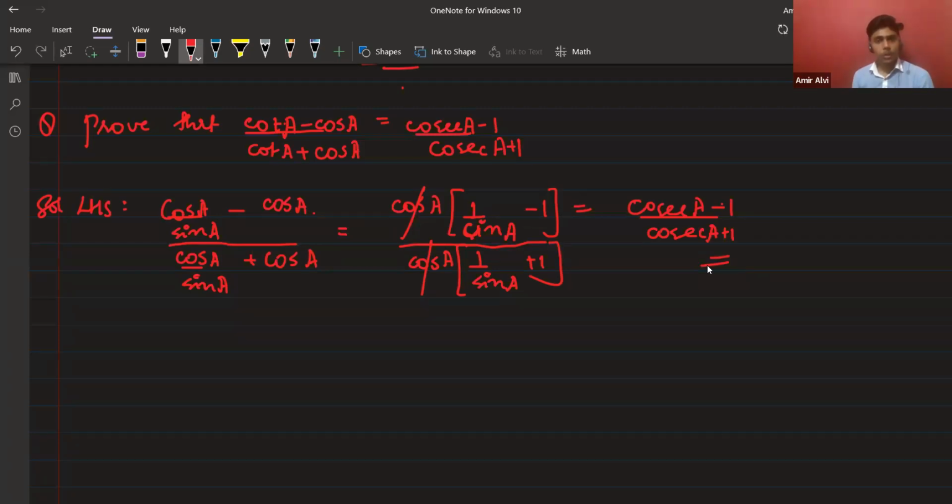You just have to think. Just tell me, if I take cos common, you will get 1 by sin. 1 by sin is basically what? Cosec. So I can directly see 1 by sin is cosec minus 1 and cosec plus 1. What we basically have to prove is the same. Yes, sir.